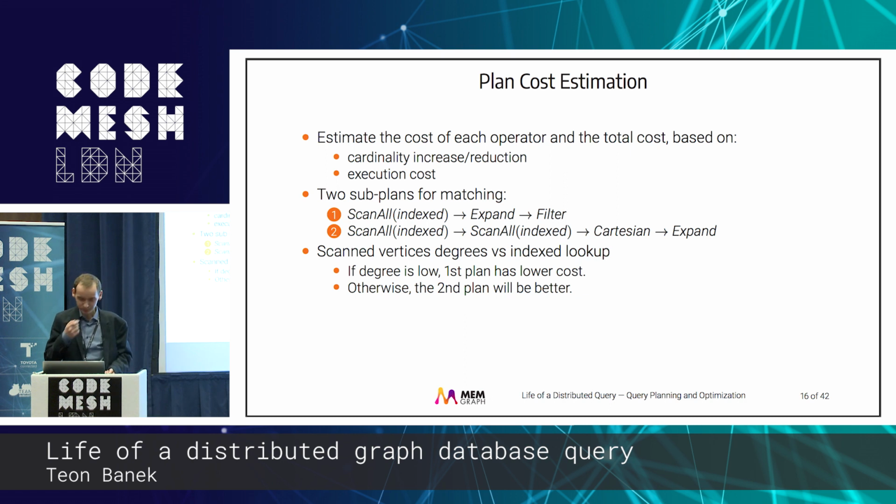On the other hand, the second plan would find all nodes, both endpoints, and the edges between them would just have to be checked whether they exist and not traversed. Of course, if the average degree is low, then the first plan is better.